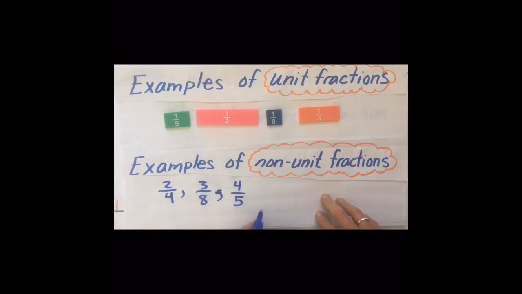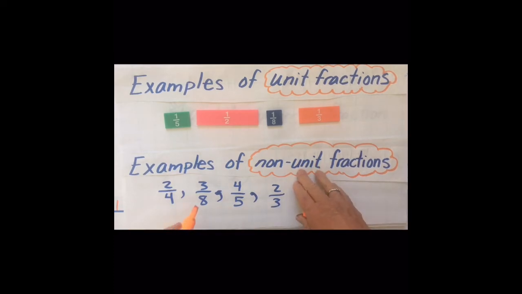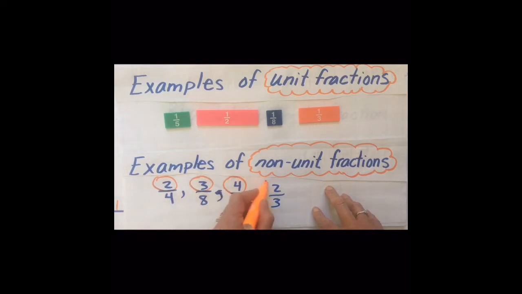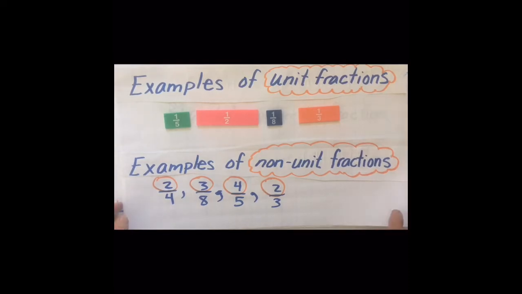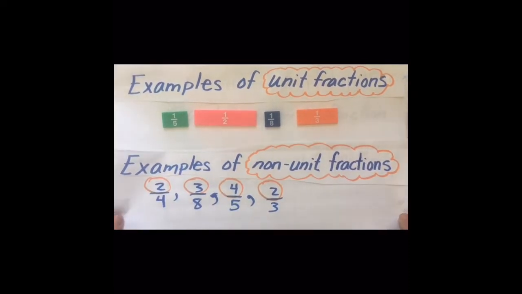Or 2/3. Look at all of these non-examples. So a non-unit fraction, look, it's not a unit fraction because the numerator doesn't have a 1 in the top. Okay, so that's 3 definitions: decomposing, unit fractions, and non-unit fractions.